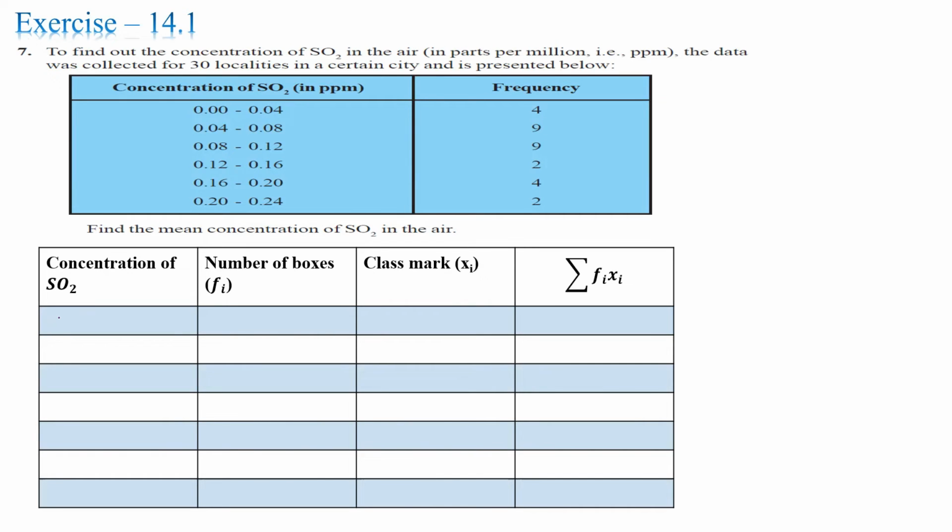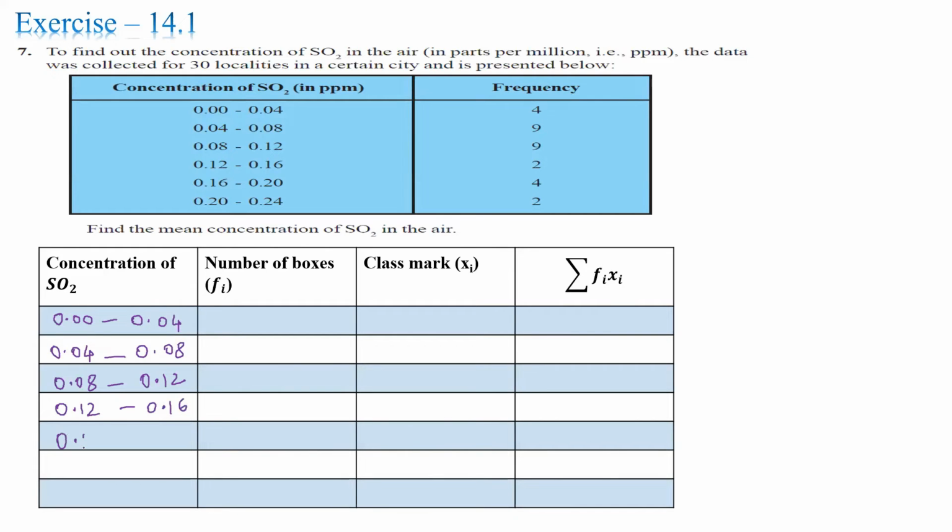We'll write the range first in the first column: 0.00 to 0.04. Next 0.04 to 0.08. Next 0.08 to 0.12. Next 0.12 to 0.16.